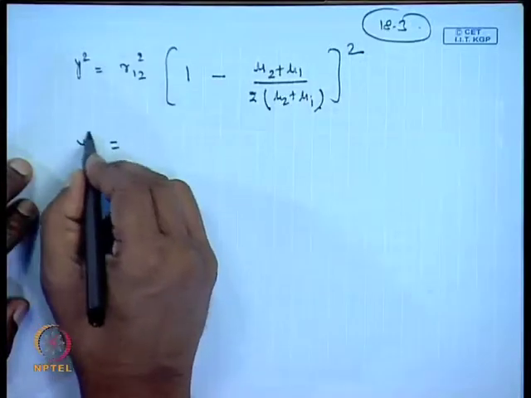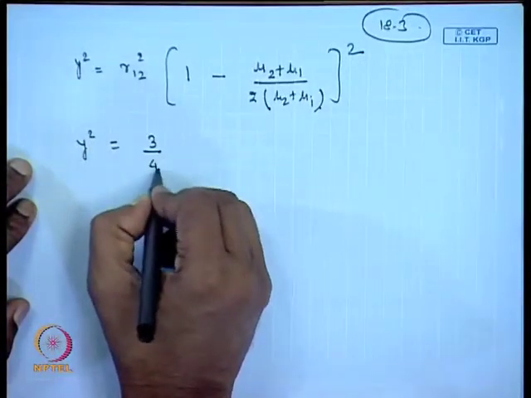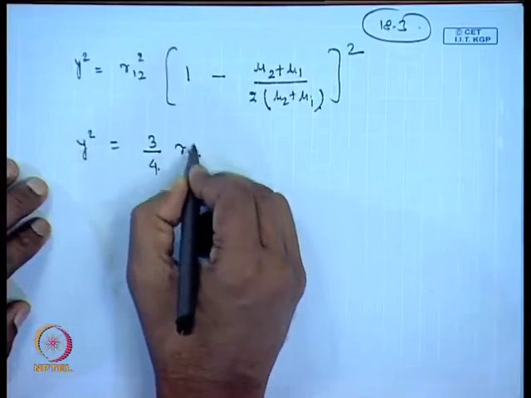So, y square becomes 3 by 4 times r 1 2 whole square.